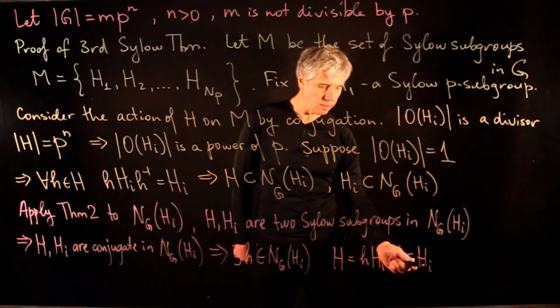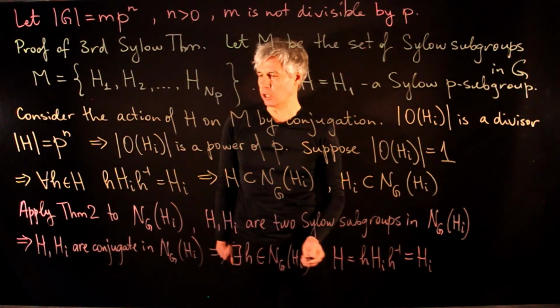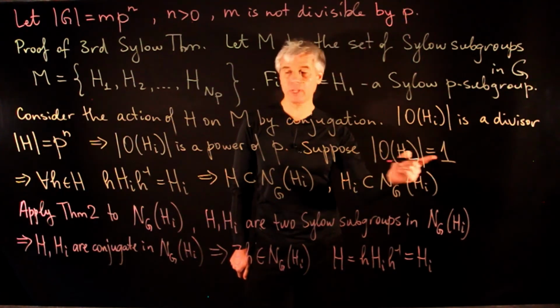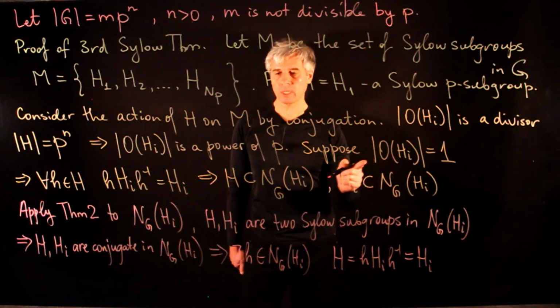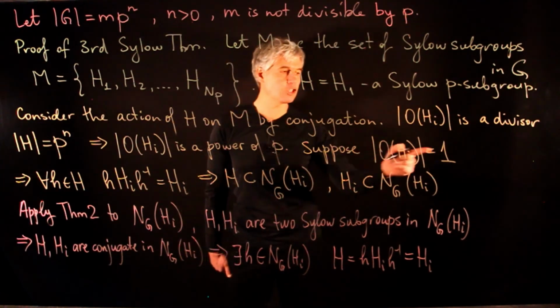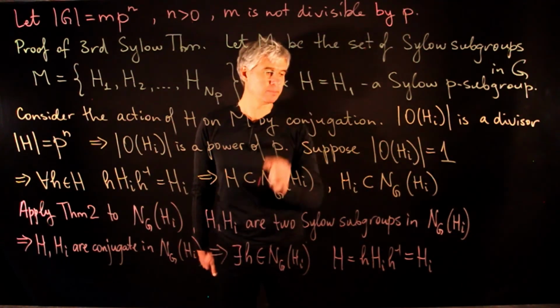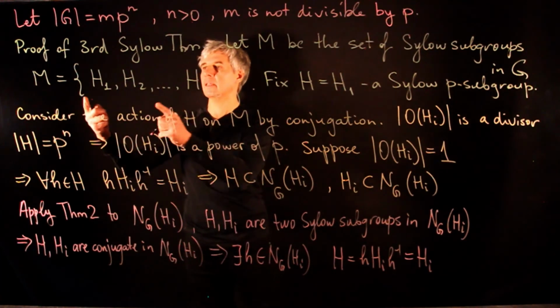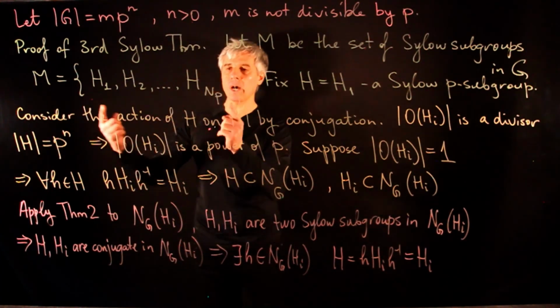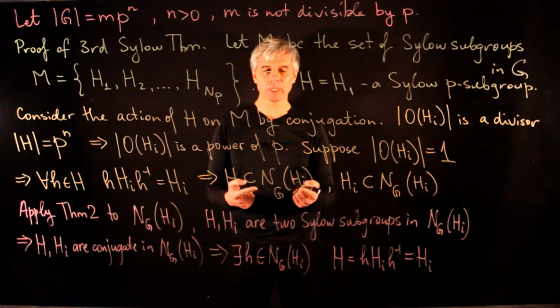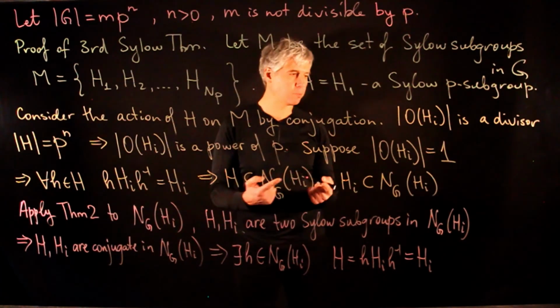And we conclude that Hi is equal to H. This tells us that there exists a single orbit of length 1. So what we proved is that if the orbit of Hi is equal to 1, then Hi is equal to H. And we conclude that in the action we have one orbit of length 1, and lengths of all other orbits are non-trivial powers of p.